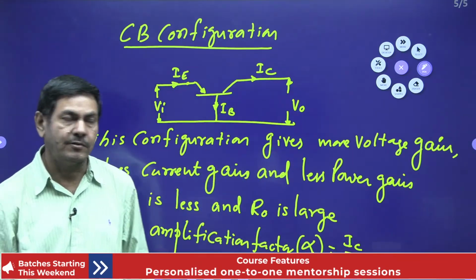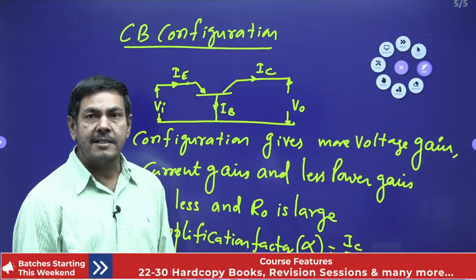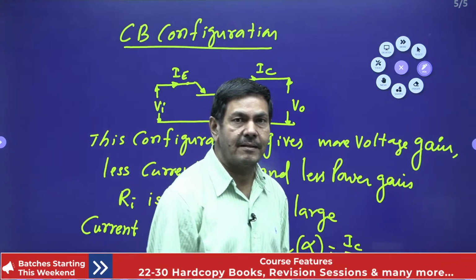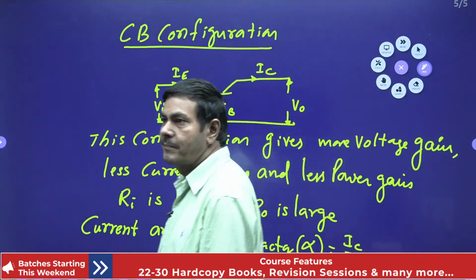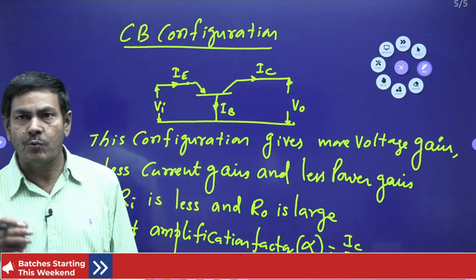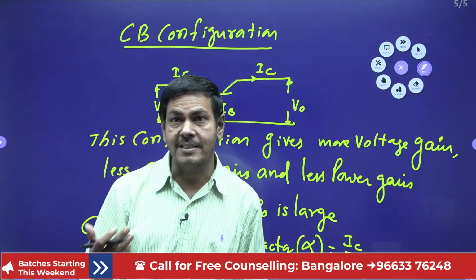That's very important now, the IC by IE value. If you want to know whether the quality of the transistor is the best or not, what way is it possible? By finding the value of alpha, you will identify whether the quality of the transistor is good or bad.